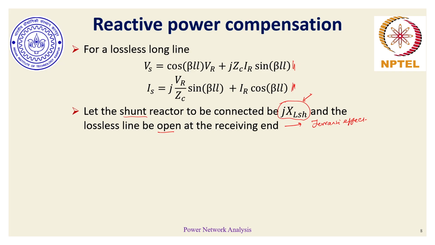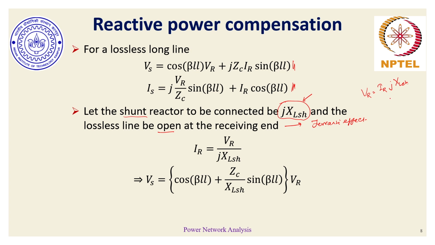Basically, we're trying to emulate the Ferranti effect condition, and since we have only a shunt reactor at the receiving end, by KVL, if you remember, we would have VR = IR × jXLSH. Essentially, the receiving end voltage VR and current IR have been connected with a reactor which is jXLSH.